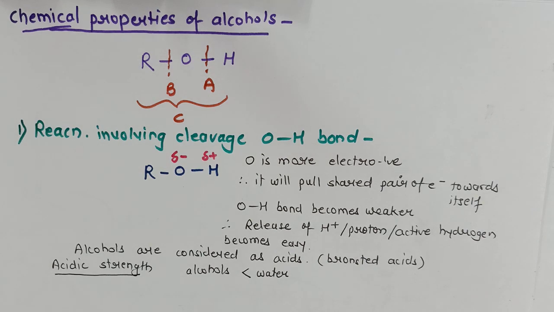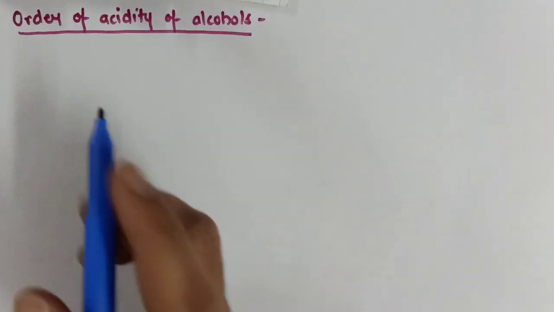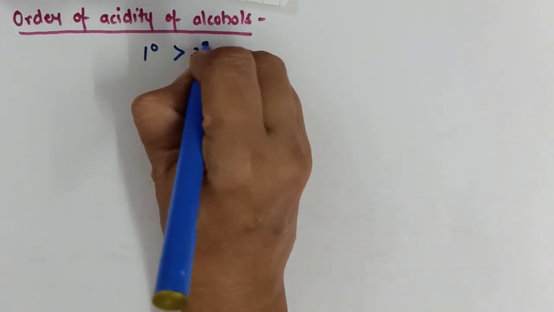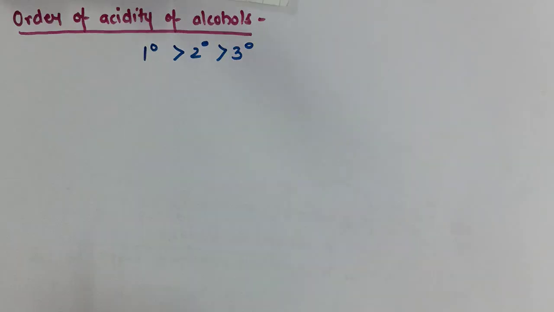Now if I want to compare the acidic strength of 1 degree, 2 degree and 3 degree alcohol, what will be the order of acidity? Let us discuss. We find that 1 degree alcohols are more acidic than 2 degree alcohols, and 3 degree alcohols are least acidic.